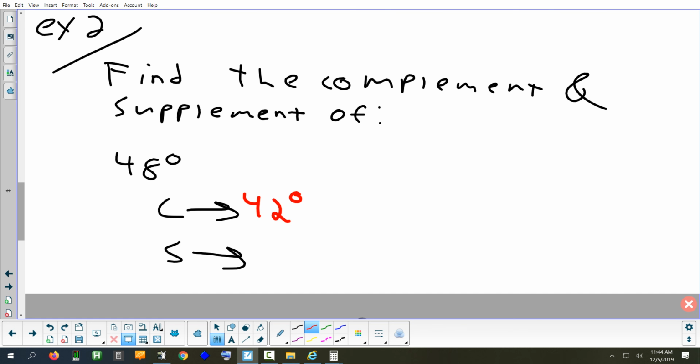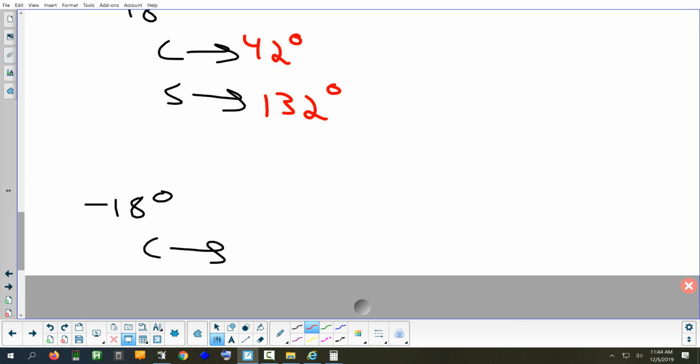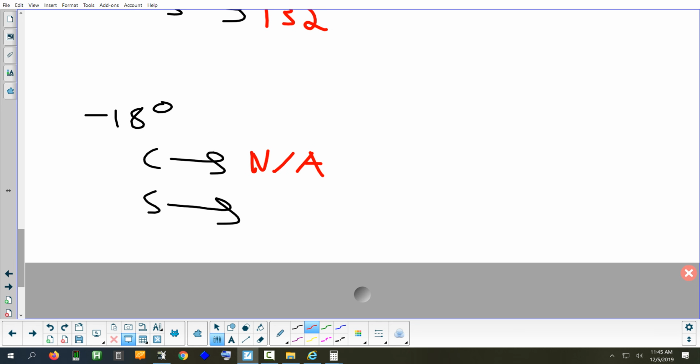Yep. 132. 132. Good. How about negative 18? What's the complement? There isn't one. What's the supplement? There isn't one. No complements or supplements for negative angles.